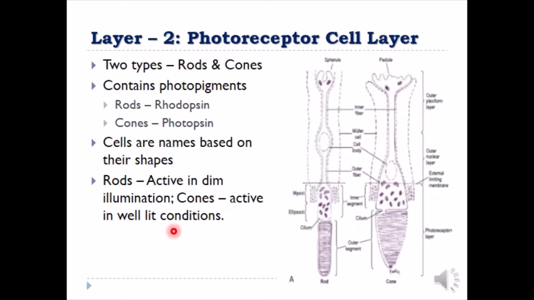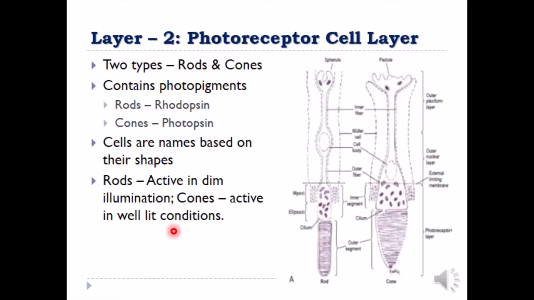For example, when we are walking in daylight, the cones are more active, helping us to process the light. So rods help us see in dim illumination, cones help us see in bright illumination. Not only that, cones help us see color, and they also give us very sharp vision.